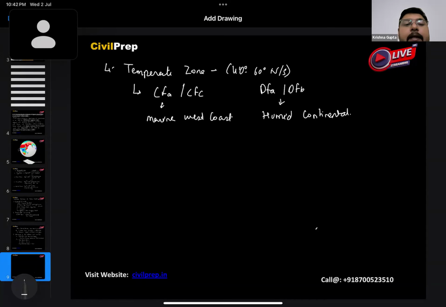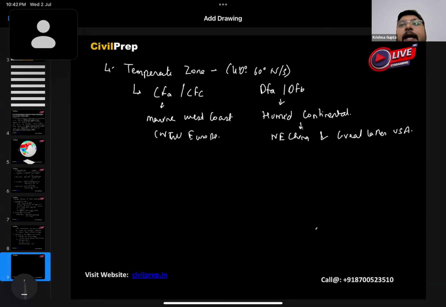So here we'll be seeing that this type of climate is present in northwestern Europe, and this type of climate is present in northeastern China and the Great Lakes of USA.